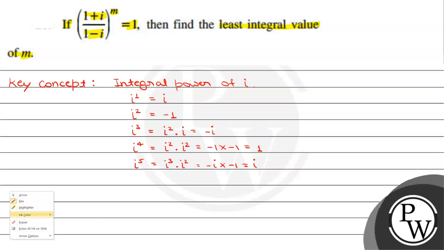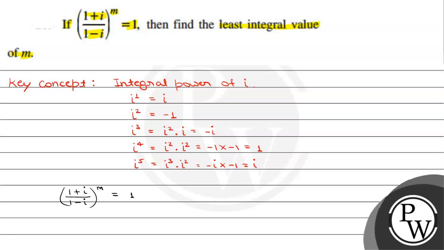So let's start the solution. Here in the question we are given (1 plus i upon 1 minus i) whole power m is equal to 1. First, for solving this question, we'll simplify this complex number 1 plus i upon 1 minus i into standard form.